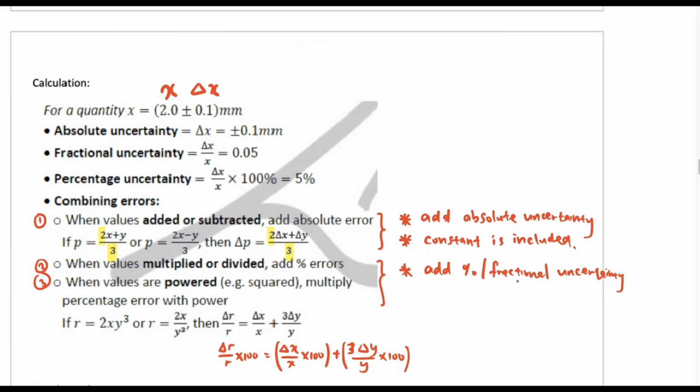We add fractional uncertainty or percentage uncertainty. And the other thing is, you see we have 2 here. In the calculation of the absolute uncertainty, the 2 is ignored. So constant is excluded.